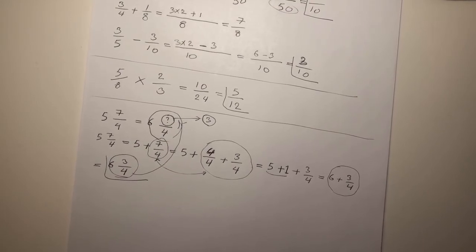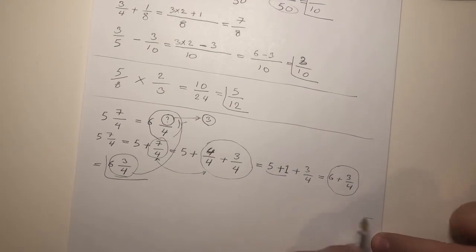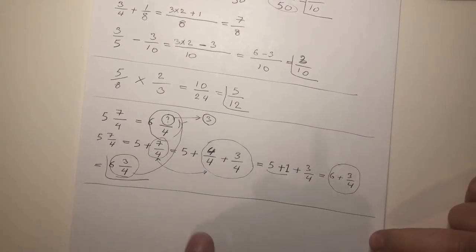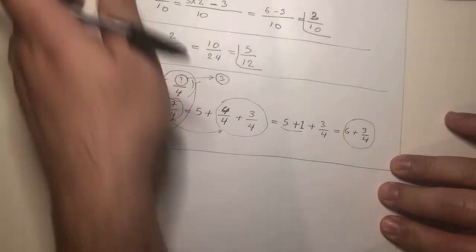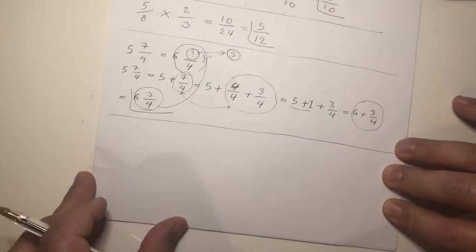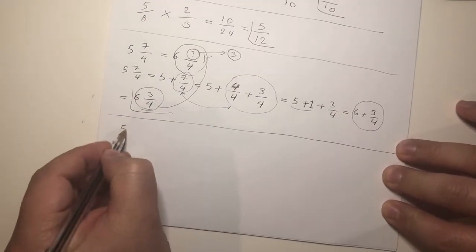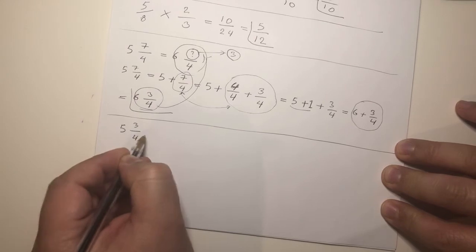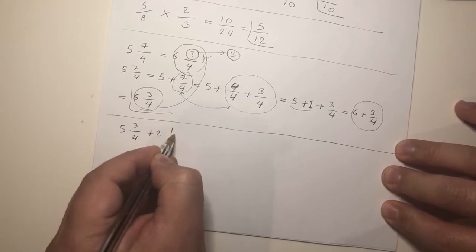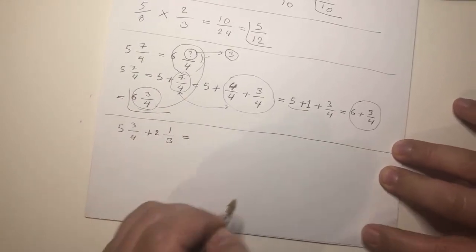Okay, let's do a mixed number addition. 5 and 3 over 4 plus 2 and 1 over 3.